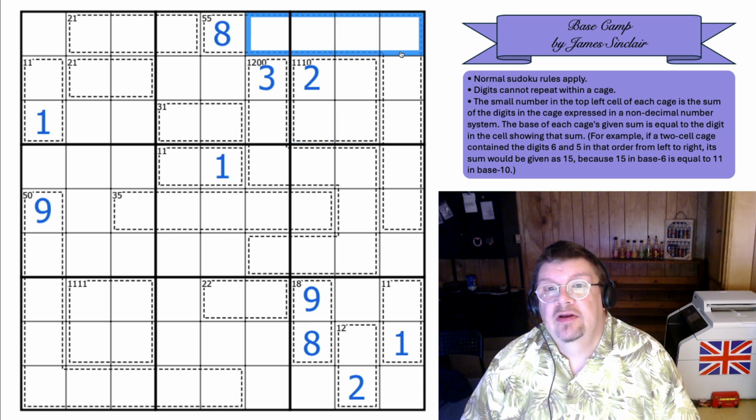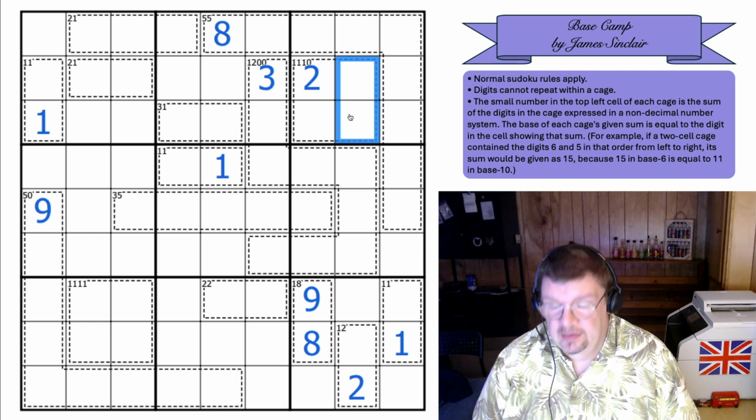Where does the 8 go in this box? It can't go in any of those because there's an 8 in the cage. There is definitely an 8 in here somewhere, and it's not there by sudoku. So one of those two is an 8.